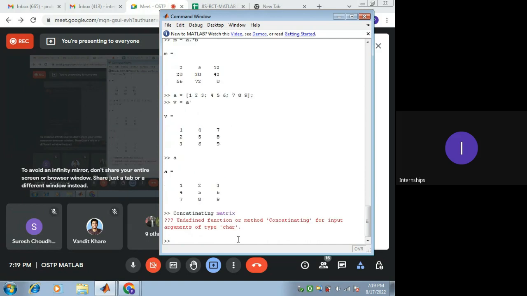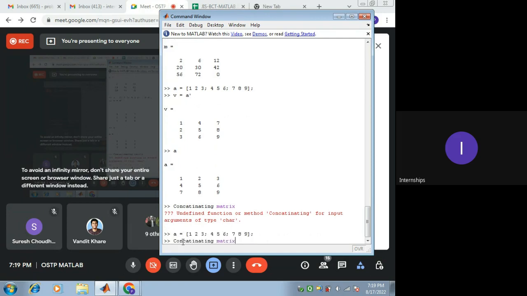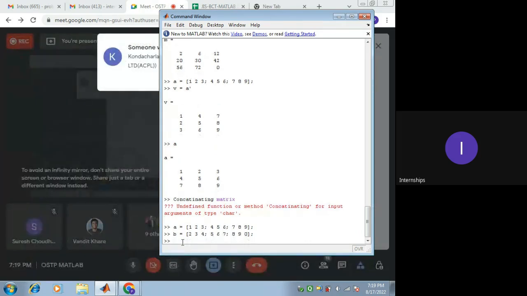Concatenating means we will add two matrices, combine two matrices, either row wise or column wise. So here A was this, and this is B.